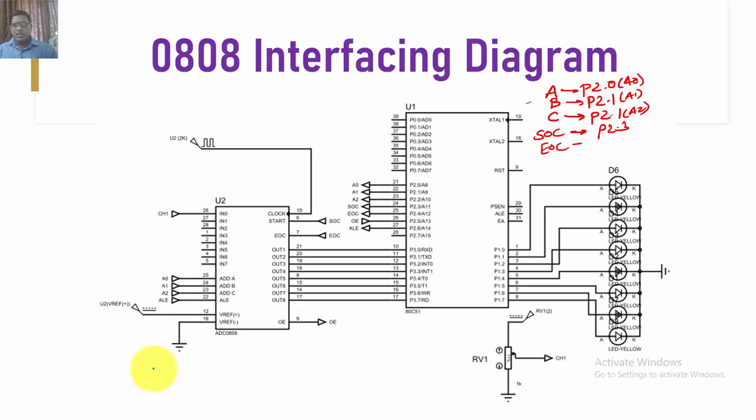For end of conversion, P2.4, output enable P2.5, and at last for address latch enable, P2.6. In this way the pin configuration is done, and the digital data coming from ADC0808, from out 1 to out 8, is accepted on port P3. So this is my configuration.